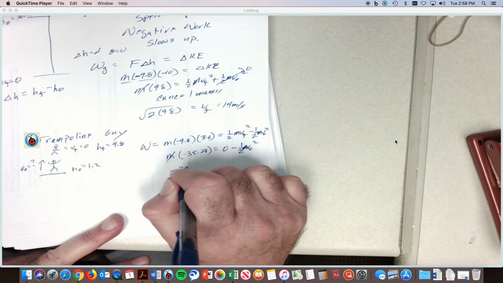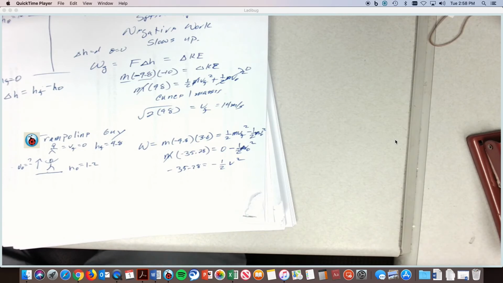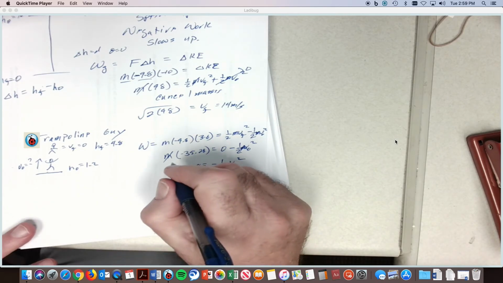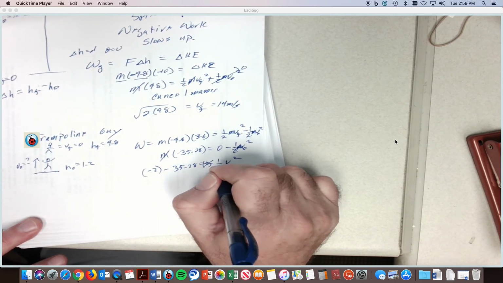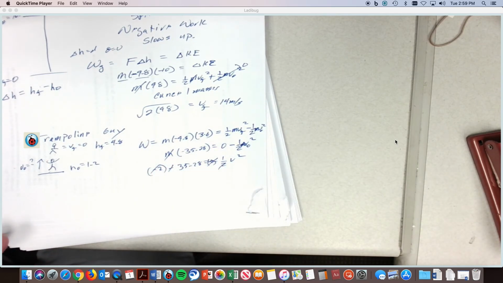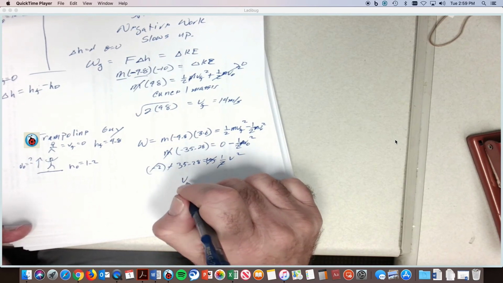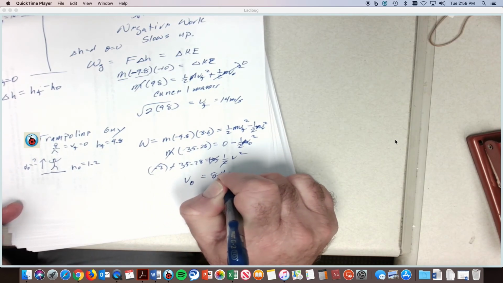Negative 35.28 is equal to negative 1/2 v squared. Multiply by negative 2 on both sides. Why multiply by negative 2? Because it makes it positive, since you're dividing the negatives. V initial is equal to 8.4 meters per second.